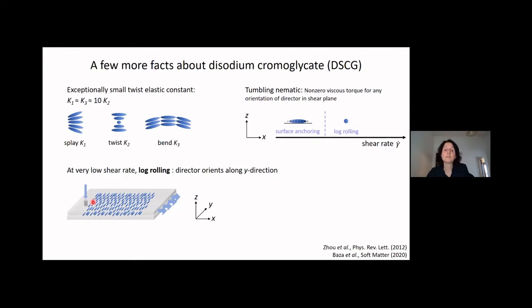So at very low shear rates, the material adopts a so-called log rolling state, where the director orients along the y direction, perpendicular to the flow direction.